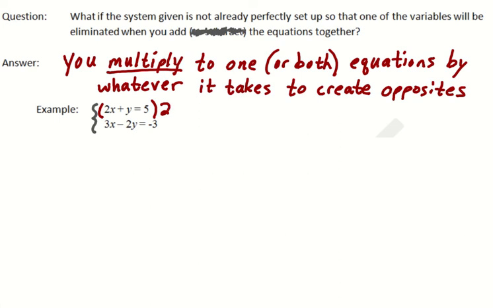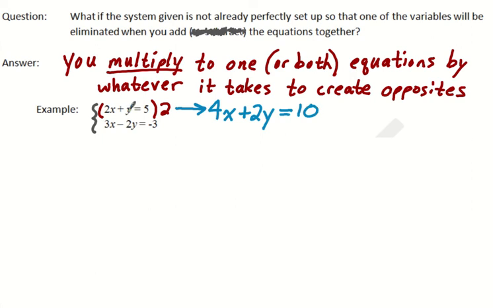So let me just change colors, okay? So this equation is going to become 4x plus 2y equals 10.